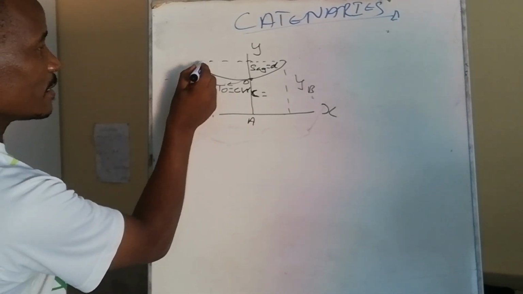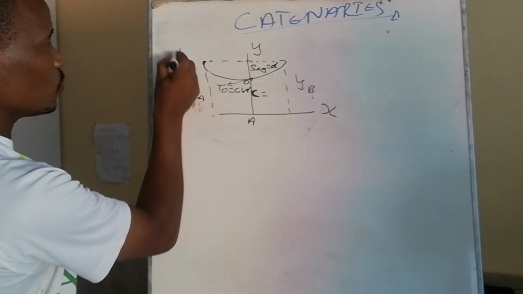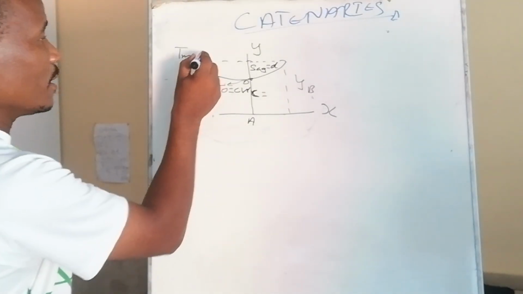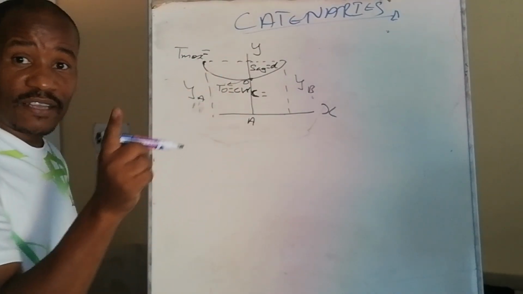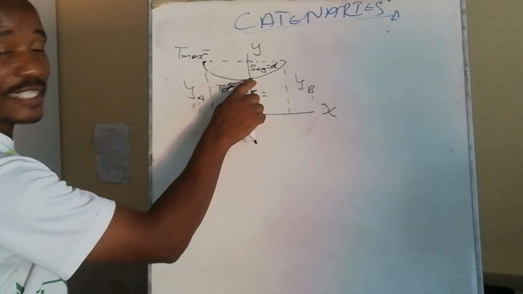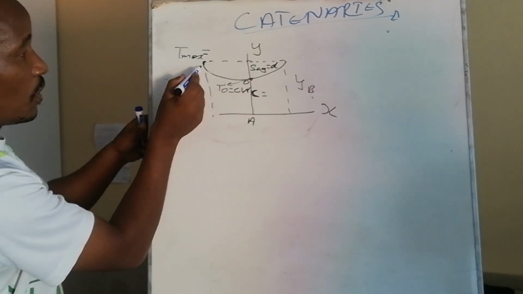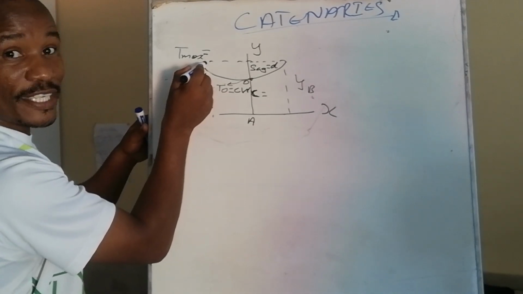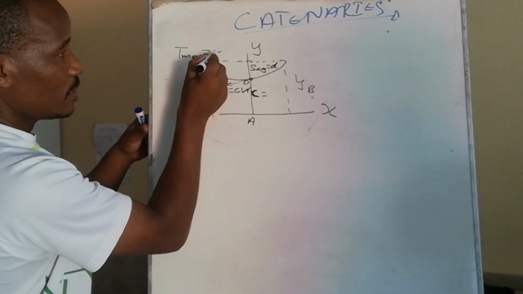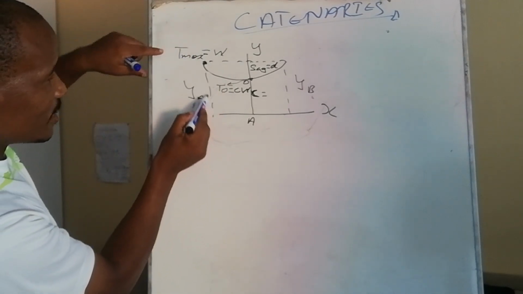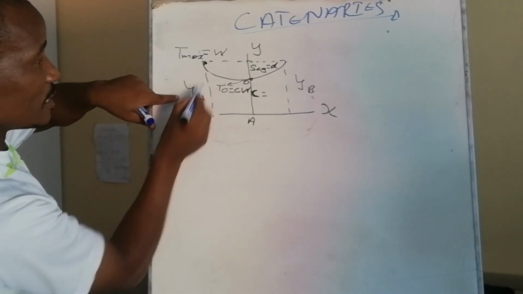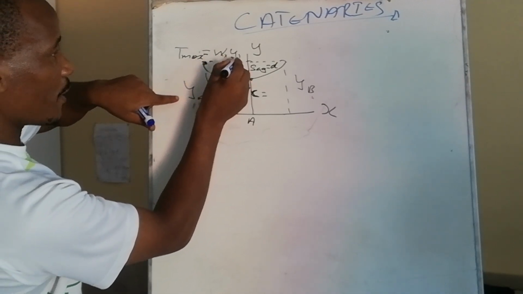And then the force acting there, you can call it the maximum tension. Now look guys, this is very, very important. Now, this cable also has a weight there, and the distance passing at that point there is this distance, which is YA.